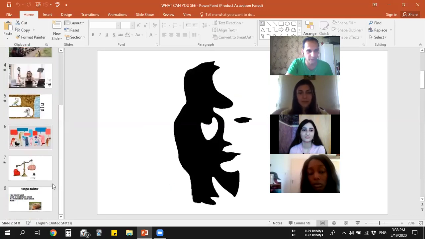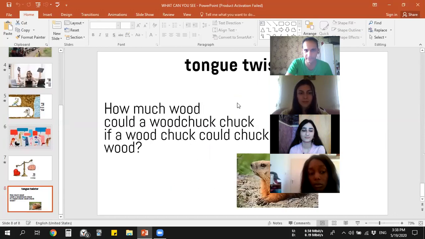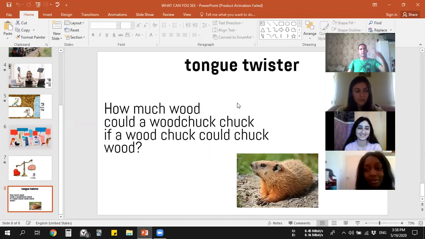So at the end, I wanted to do some tongue twister with them. But I am happy that I didn't have this at the end, because a tongue twister is very good for a warm-up session, when it helps them open up their pronunciation muscles.